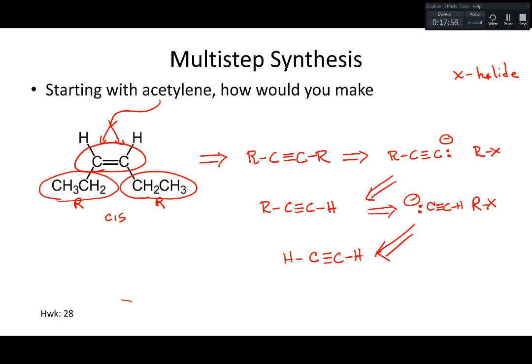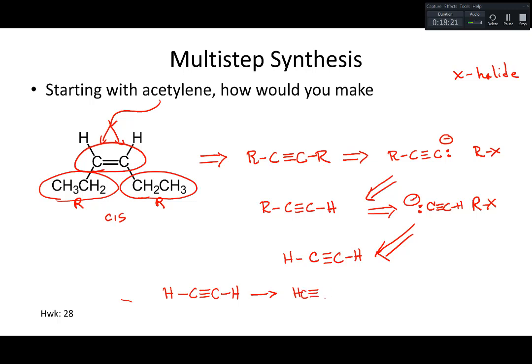Even if you don't quite understand what you're doing, go ahead and write them out like this. And then write it out in the forward direction. That is, you're going to start with acetylene. And then you're going to form the acetylide. Don't worry about the reagents too much yet.